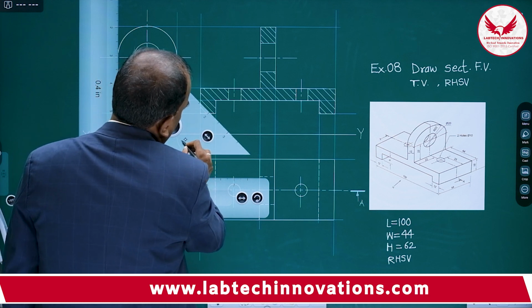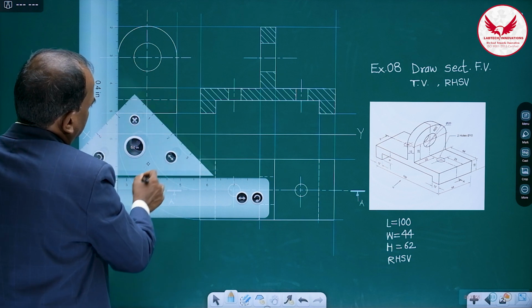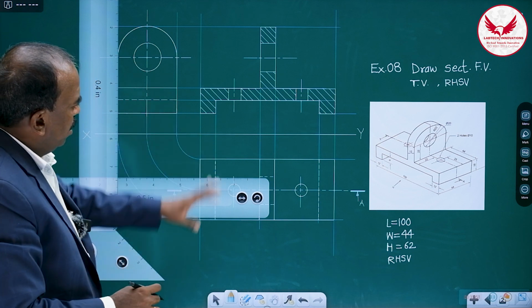These are the section lines. So it indicates that it is the sectional front view.